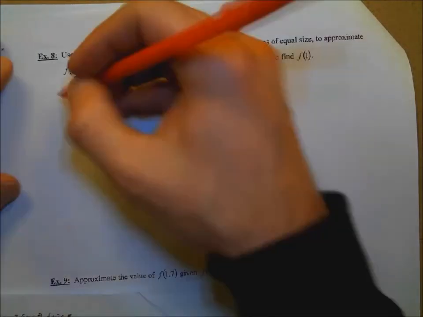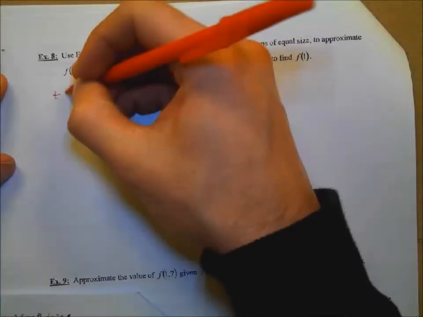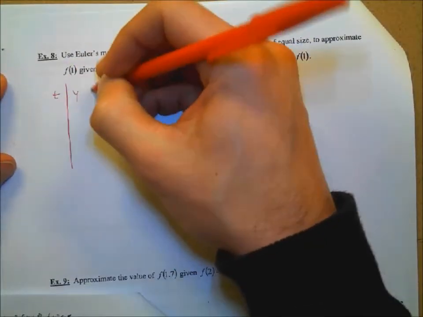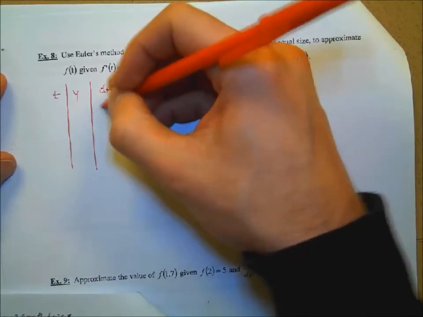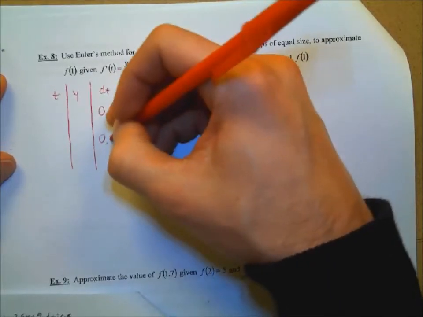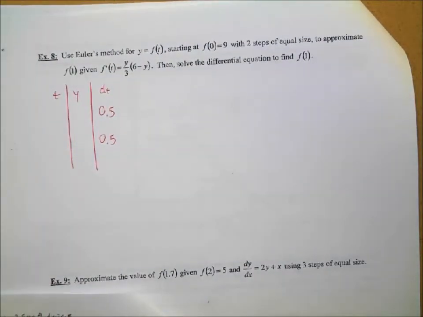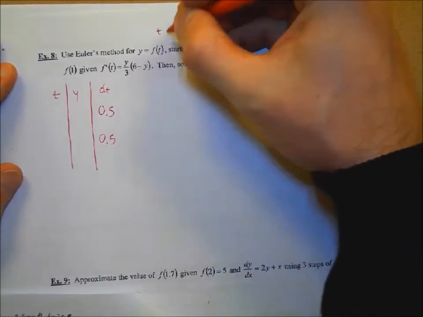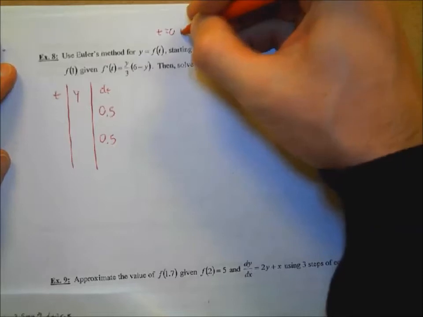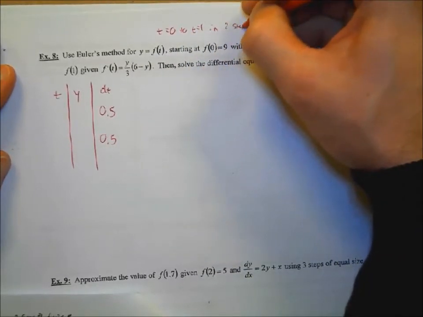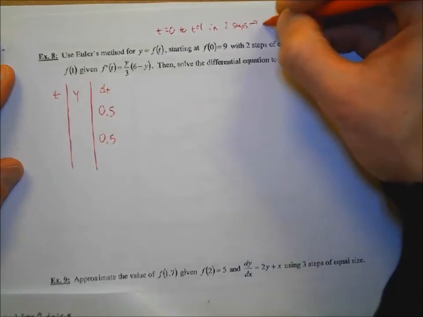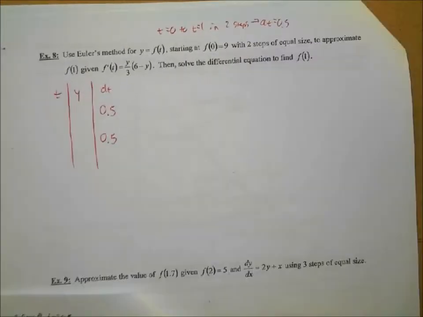So now instead of x and y, we'll do t and y. dt is always going to be 0.5 for both of our steps. Again, we're going from t equals 0 to t equals 1 in 2 steps. So dt equals 0.5.